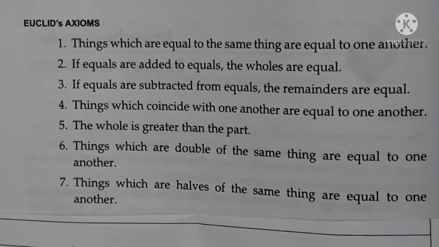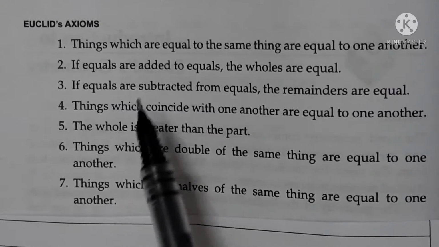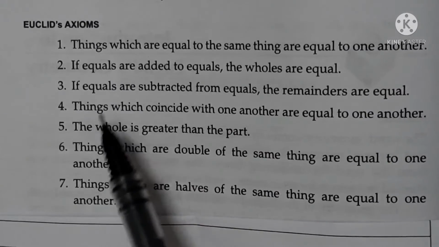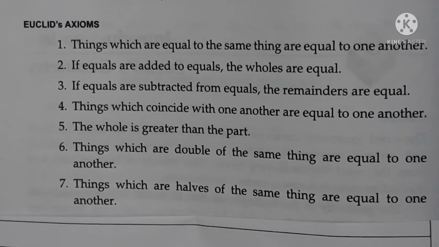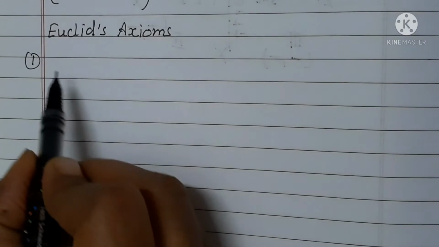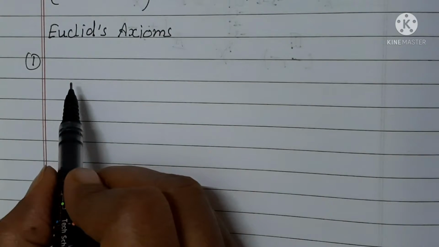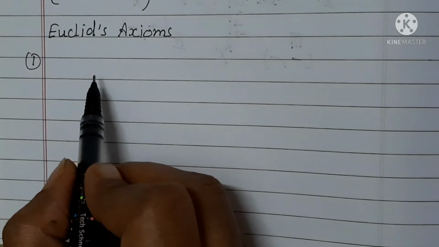Now these are Euclid's axioms, and we will discuss these axioms right now, one by one. First axiom: things which are equal to the same thing are equal to one another.